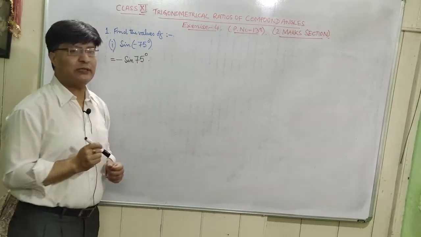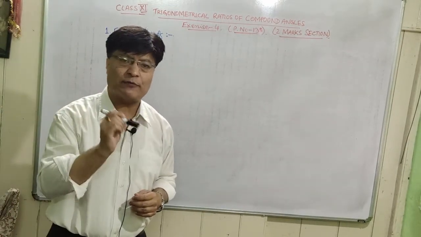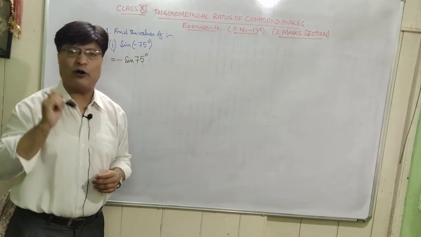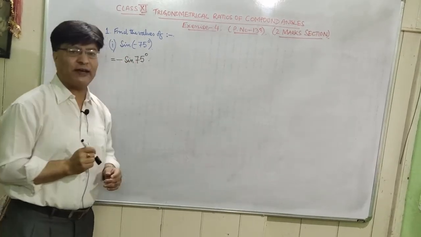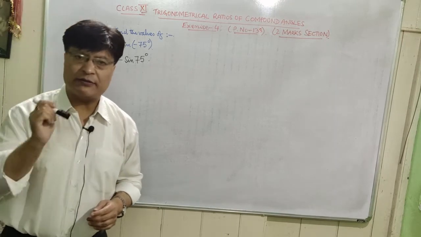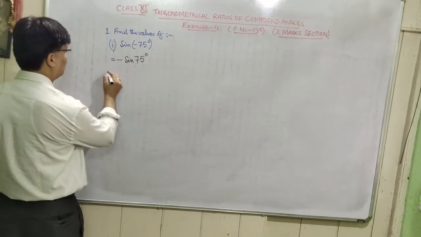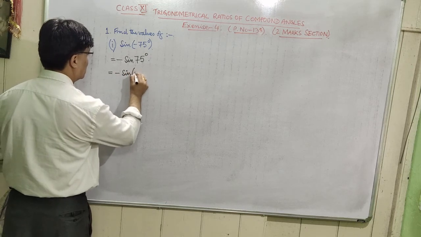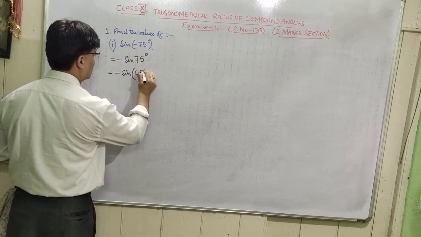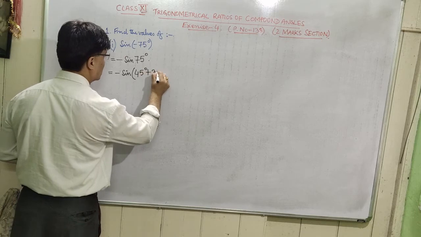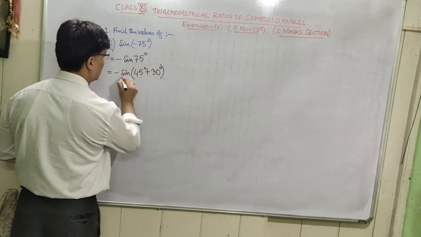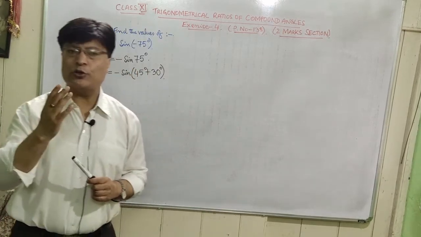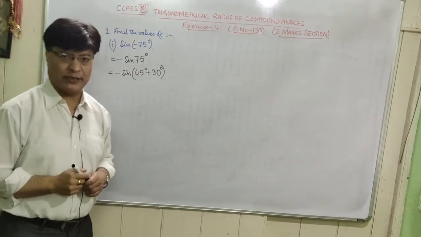So you can write 75 degree as the sum of two standard angles, 45 degree plus 30 degree. Now this is the formula sine of a plus b, so you should know it.